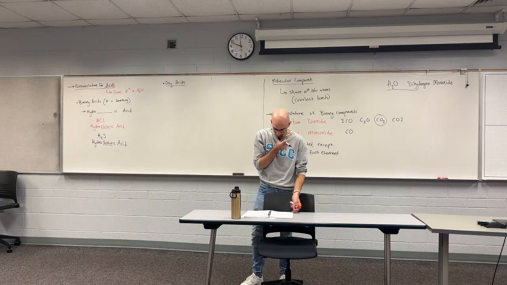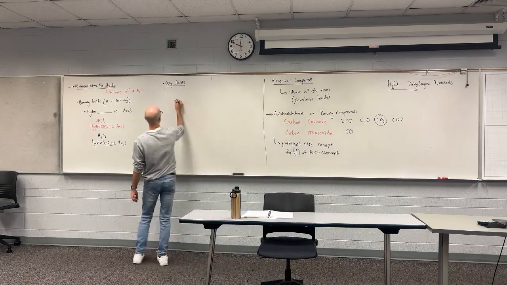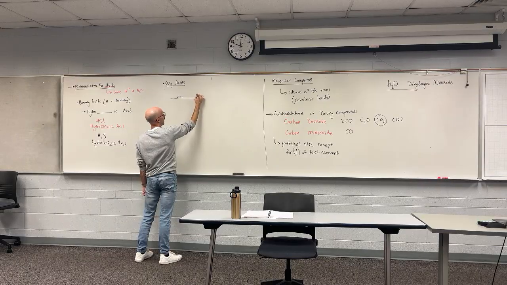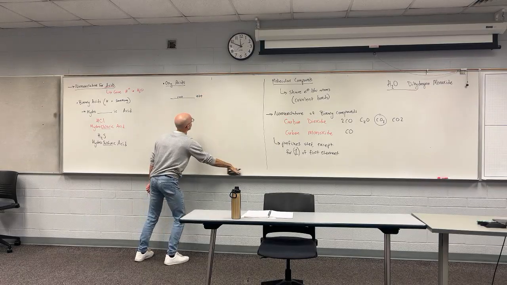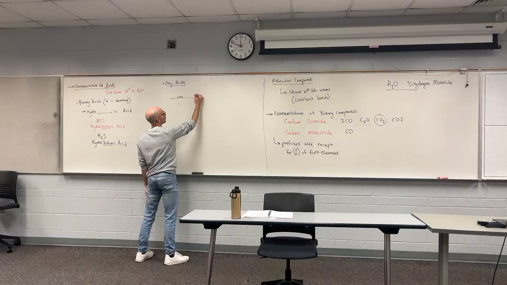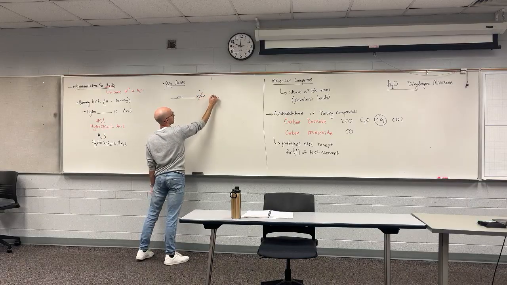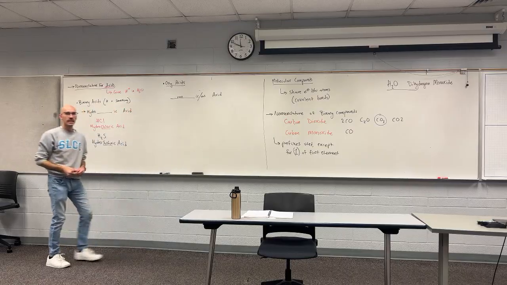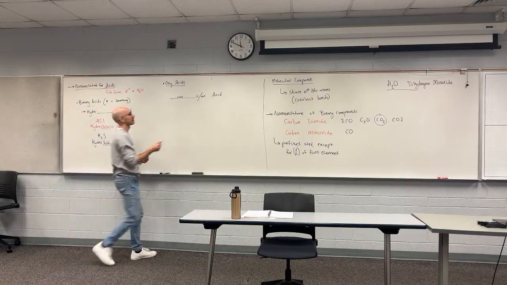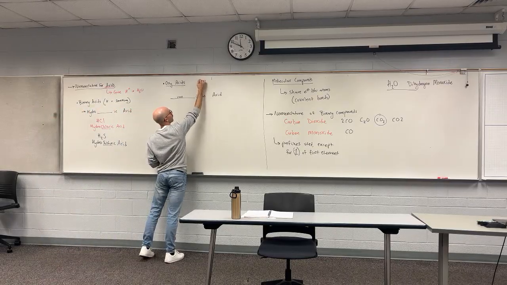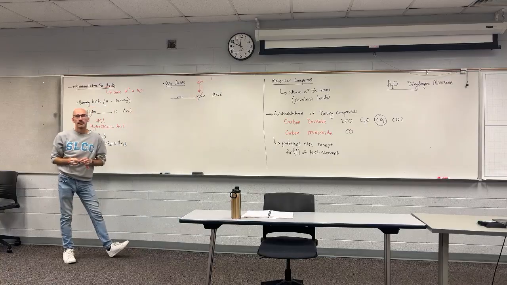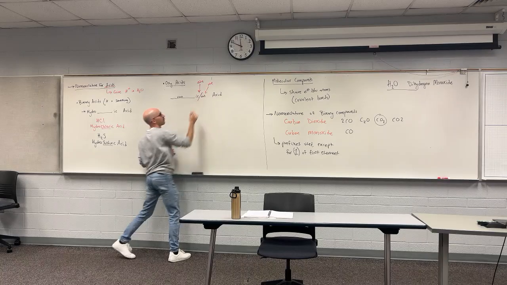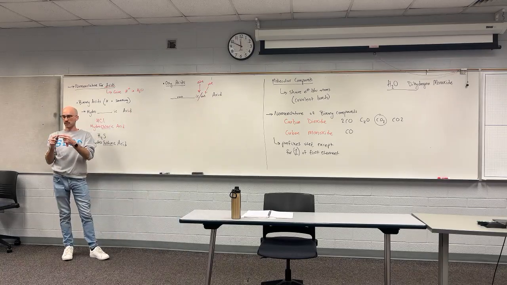We take that root and we change the suffix to either ic or us acid. And here's how we differentiate it. If you have bromate, you get bromic. If you have bromite, you have bromous.